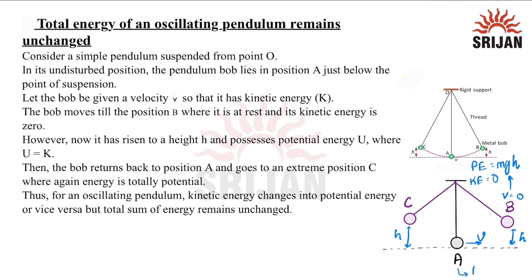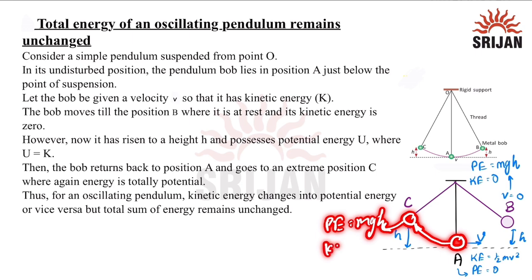At position A, potential energy was 0 and kinetic energy was half mv square. Now the bob will again have some velocity due to gravity and it will fall down, right? At this position, again it will go in this direction, and similarly at C, potential energy would be mgh again and kinetic energy would be 0.